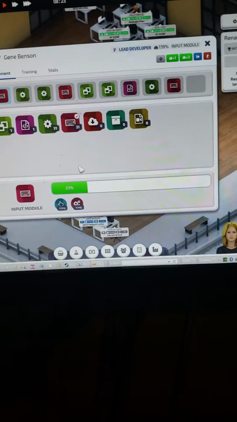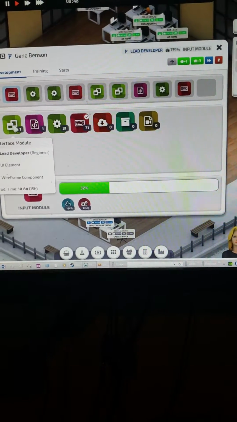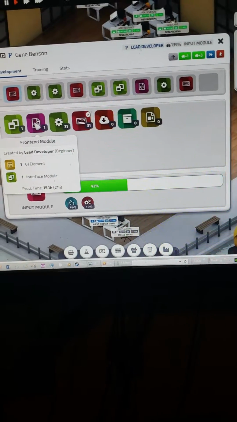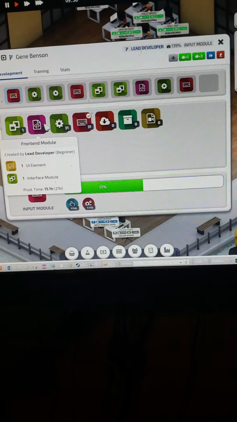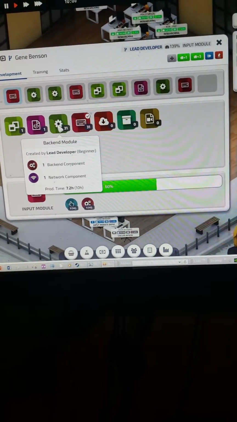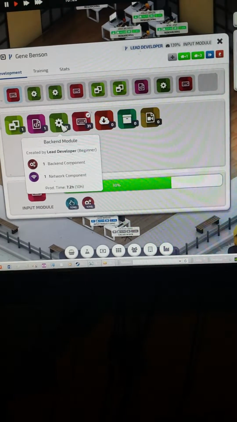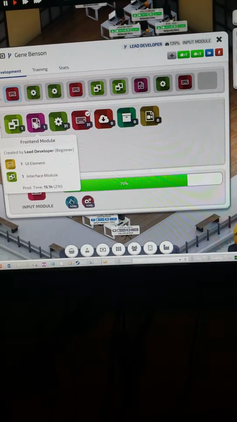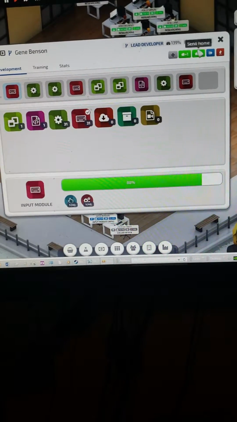Also, this developer, I've started on making interface modules and front-end modules in apprehension of what's gonna happen when I try upgrading my features, but they weren't really tallying up to the full totals I expect. So maybe our front end is full of idiots and those guys are breaking all our parts.